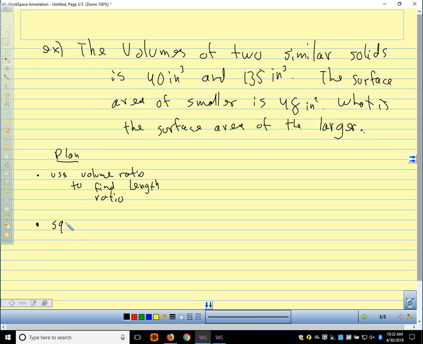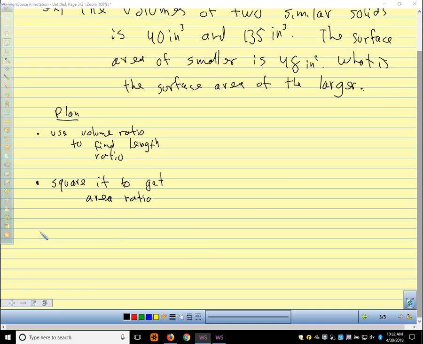We're going to square it to get the area ratio, because we know if we have a length ratio, we square it to get the area ratio. And then we're going to use the information in the problem to write a proportion.